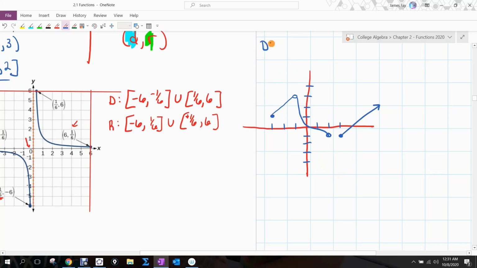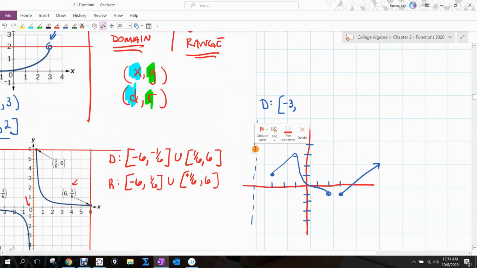Okay, so if I asked you what is the domain of this thing? If I think about my vertical line here and I start passing it through, the first x value I come in contact with would be -3. As I move that through, I come into an issue right here.